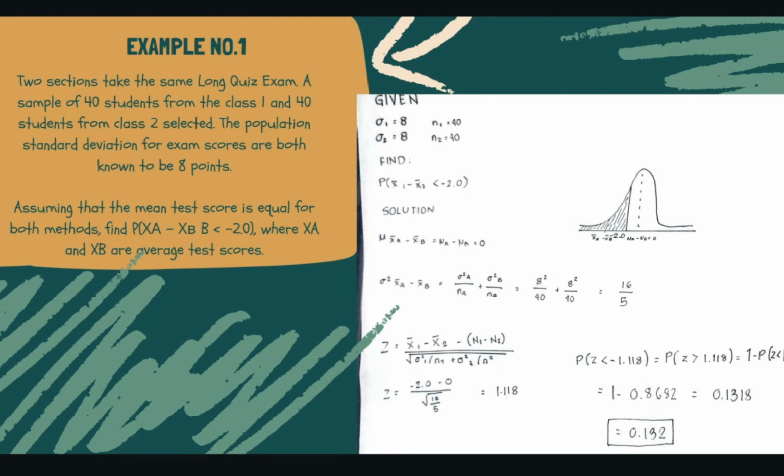Z-score: we plug in the formula, negative 2.0 minus 0 divided by square root of 16 over 5, which is equal to negative 1.118. And the probability we want is P of z less than negative 1.118.